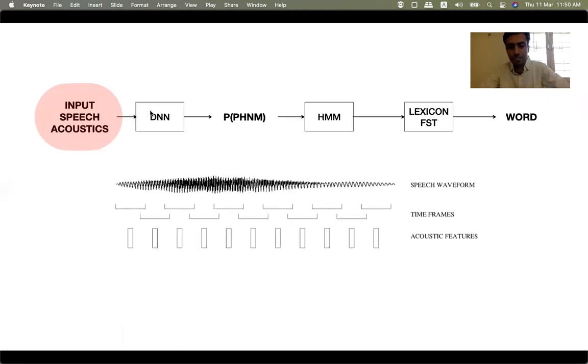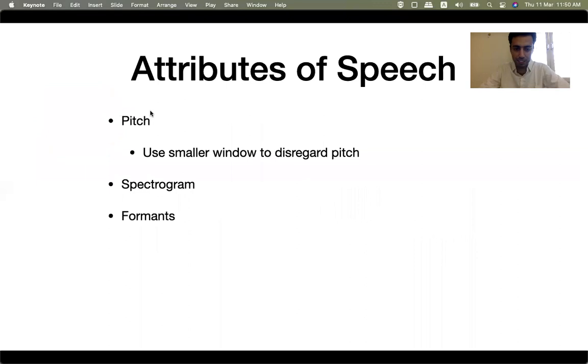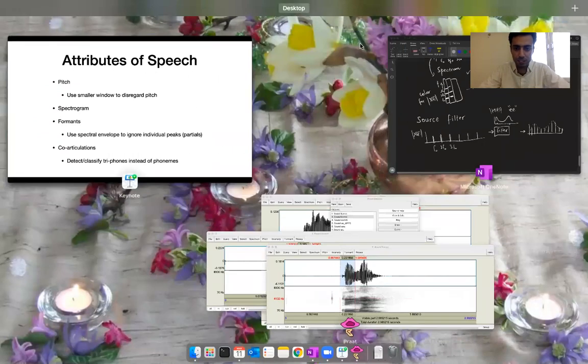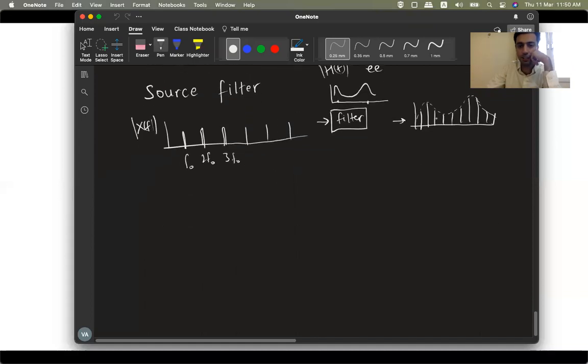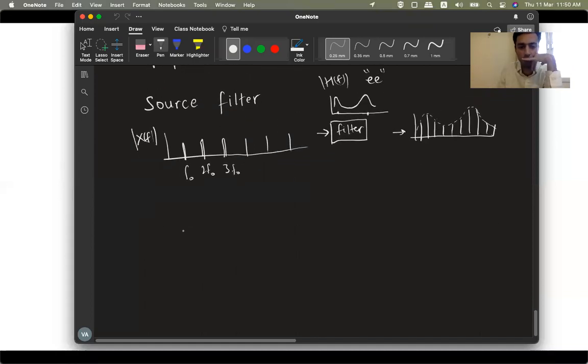Okay, let me give you an example for this. I think it's good to give an example here. Continuing from our example, let's say this is a silence or a blank followed by k followed by o.